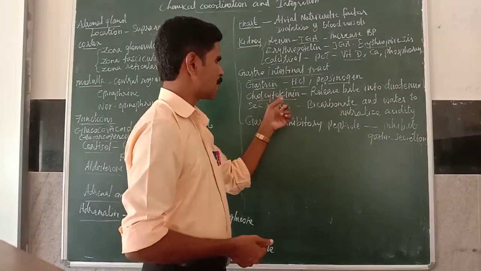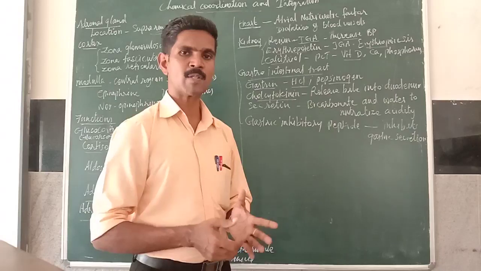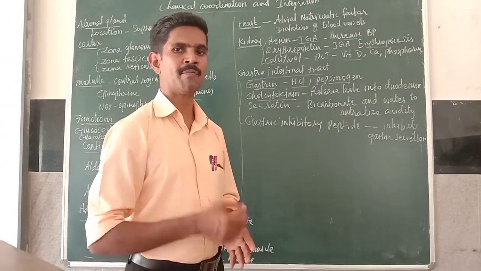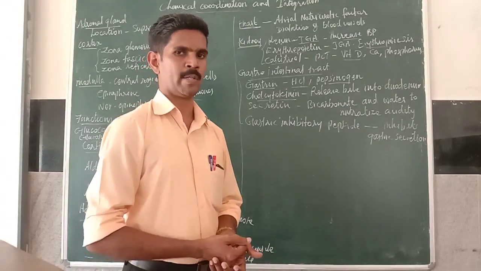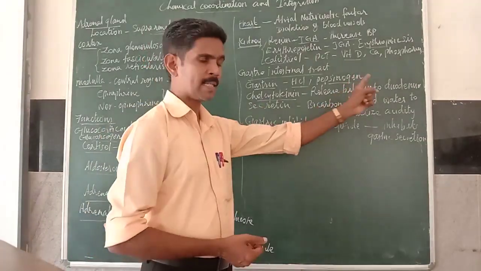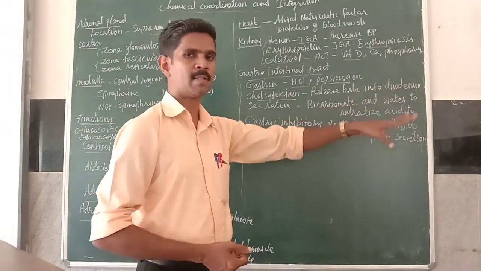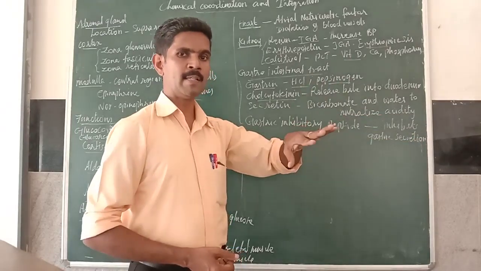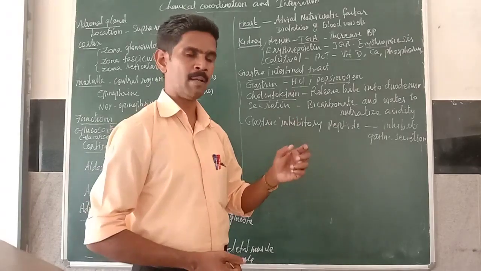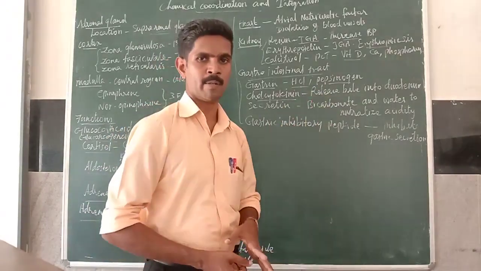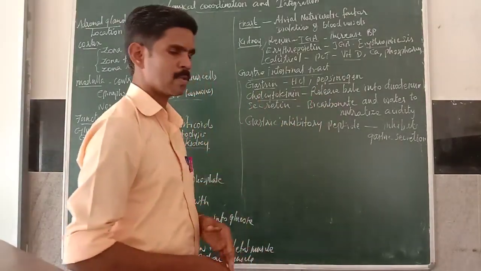This hormone, cholecystokinin, helps to release the bile from the gallbladder to the duodenum. Its major function is stimulating the release of bile from the gallbladder to the duodenum. So this is the main function of cholecystokinin.